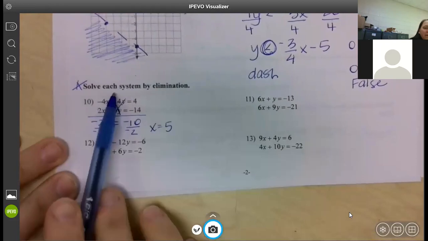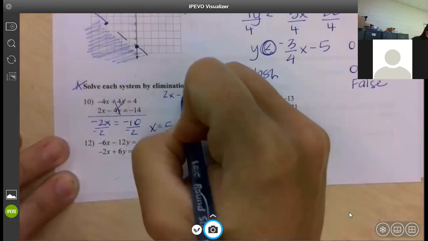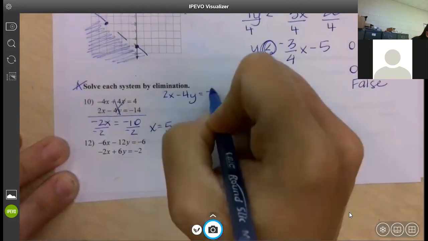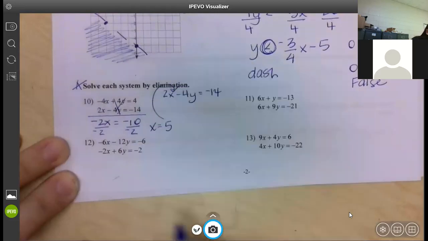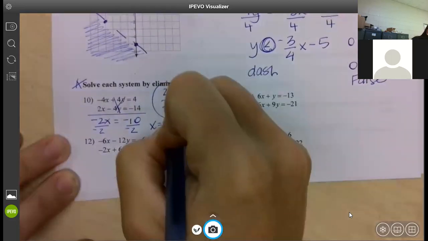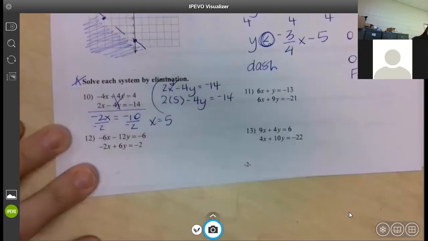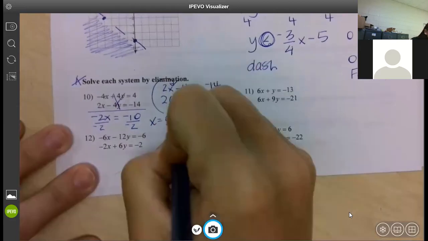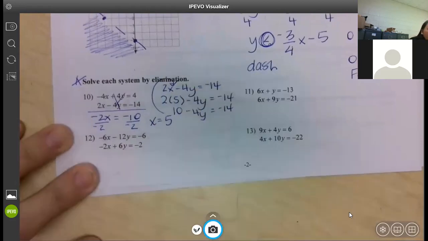Pick either equation. It doesn't matter which one. I'm going to do the last one. Again, it doesn't matter which one. And we're going to put this x in. So 2 times 5 minus 4y equals -14. We get 2 times 5 is 10 minus 4y equals -14.